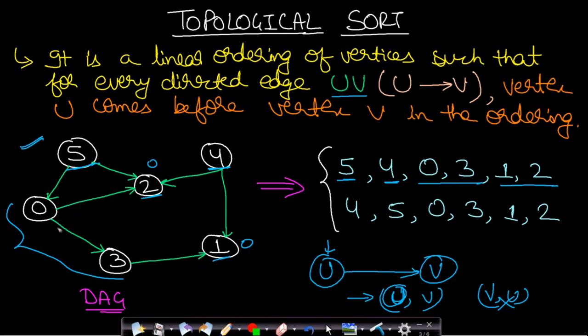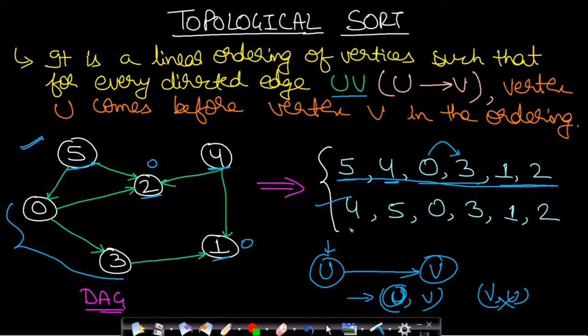And in this case, an edge is going from 0 to 3. So 0 should always occur before 3. Okay. So this is how a topological ordering is formed. So one valid topological ordering is 5 4 0 3 1 2. Now there can be multiple topological sortings possible for a given graph. So this is a second possible topological sort.